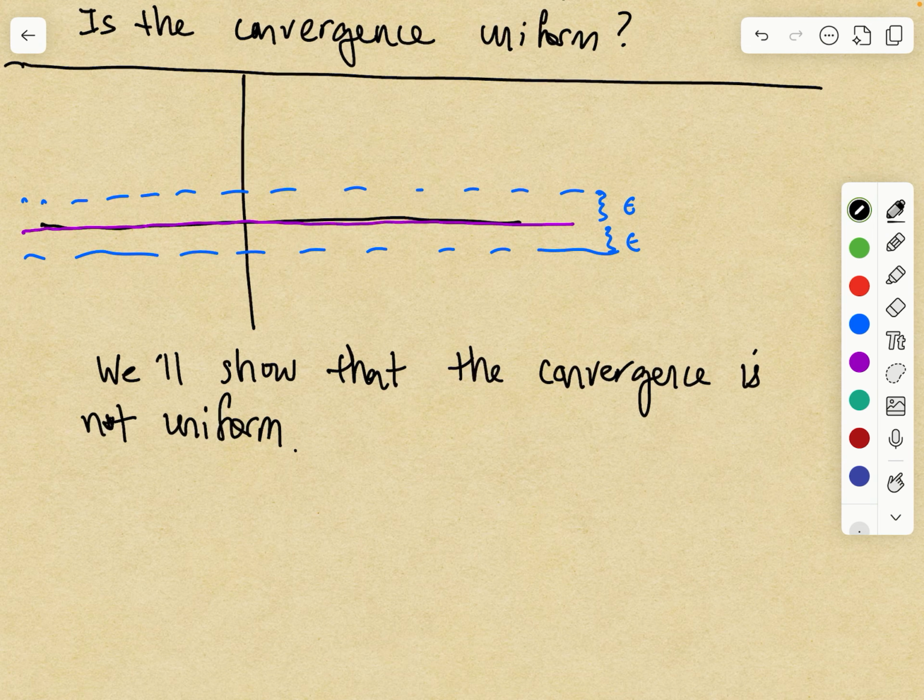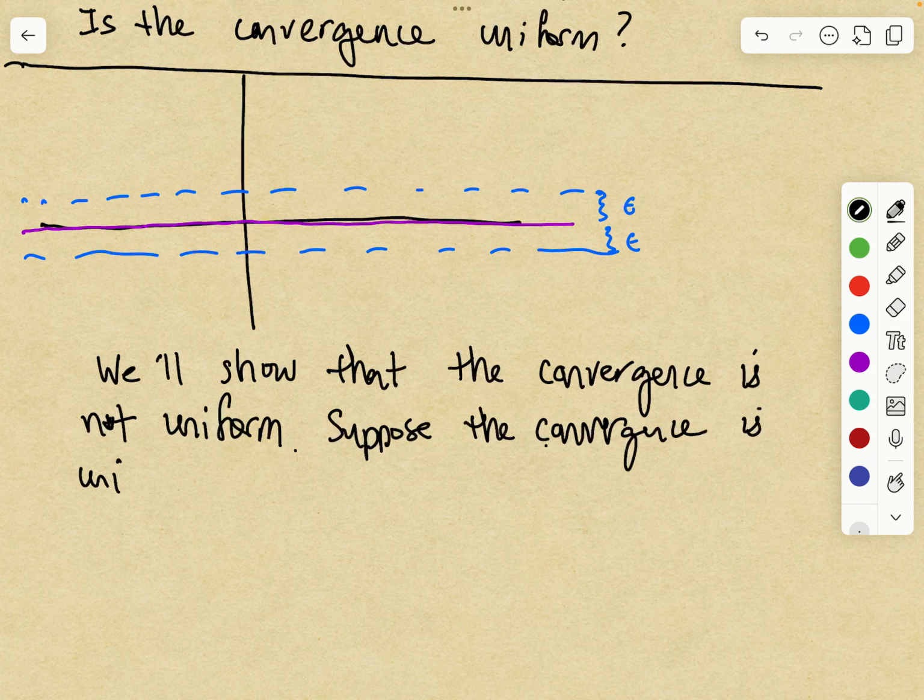So suppose that the convergence is uniform, and we're going to deduce a contradiction. Then we know that given epsilon greater than 0, there's some property. Now, what epsilon should we take to get a contradiction?